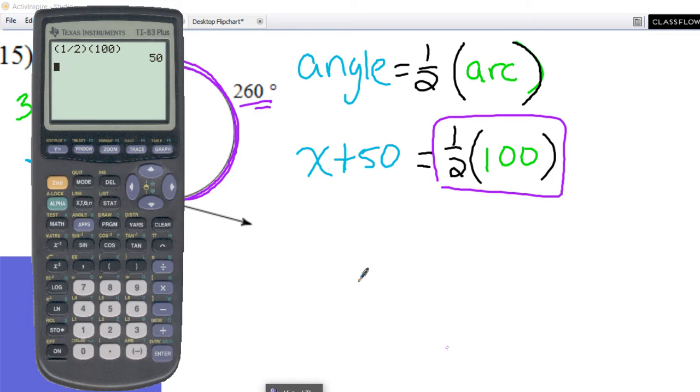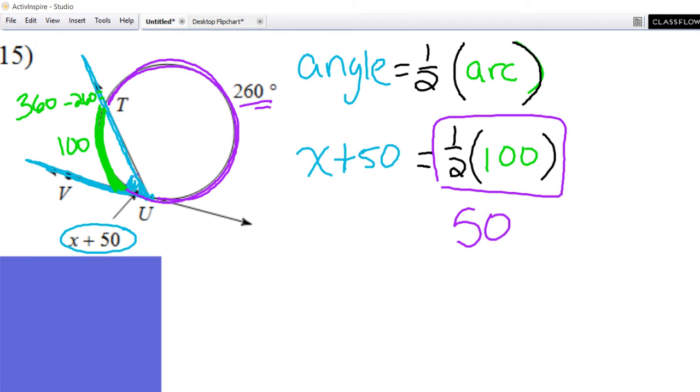So let's go back to our problem. I'm going to have 50 on this side of the equal sign, and then I'm left with my angle, which is x plus 50. Now we can solve for x. I want to move the 50, so I'm going to do minus 50. Remember that you always want to leave the variable by itself.